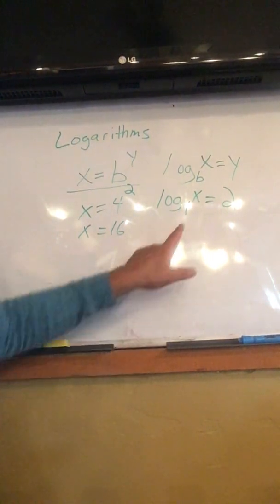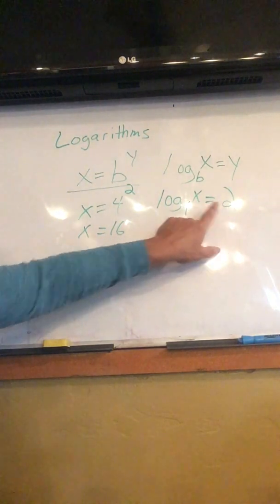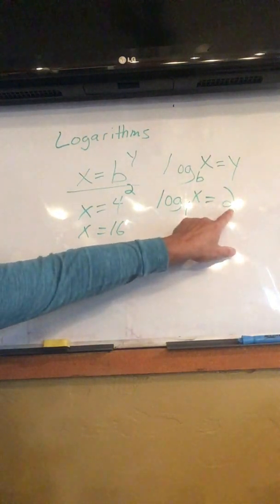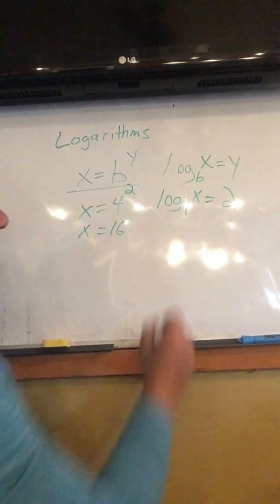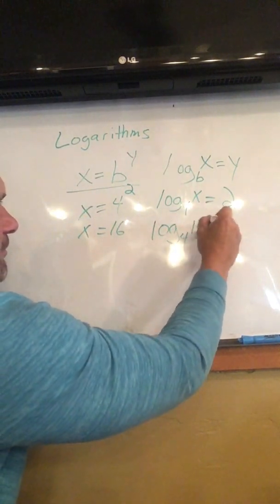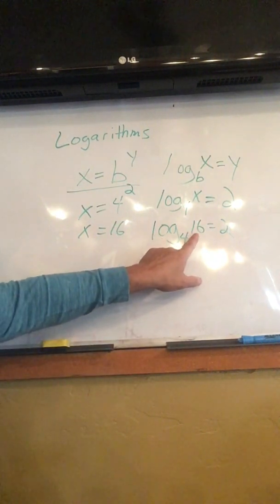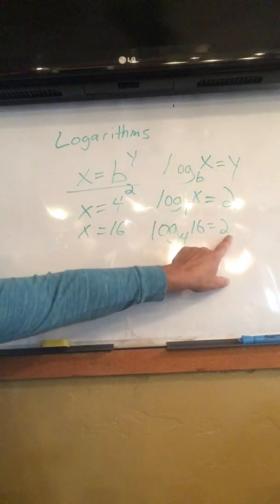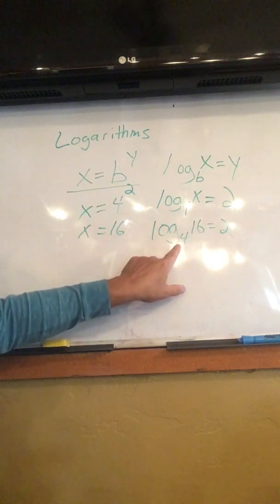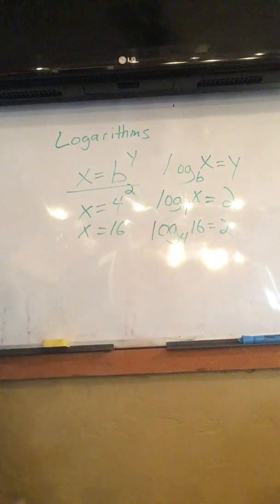So how to look at this to solve it this way, we'd say, okay, 4 is our base, 2 is our exponent. So 4 raised to the second power is 16. So we could finish this off and say that's the case. Log base 4 of 16 is 2. 4 squared is 16. 4 to what power is 16? 4 to the second power is 16.